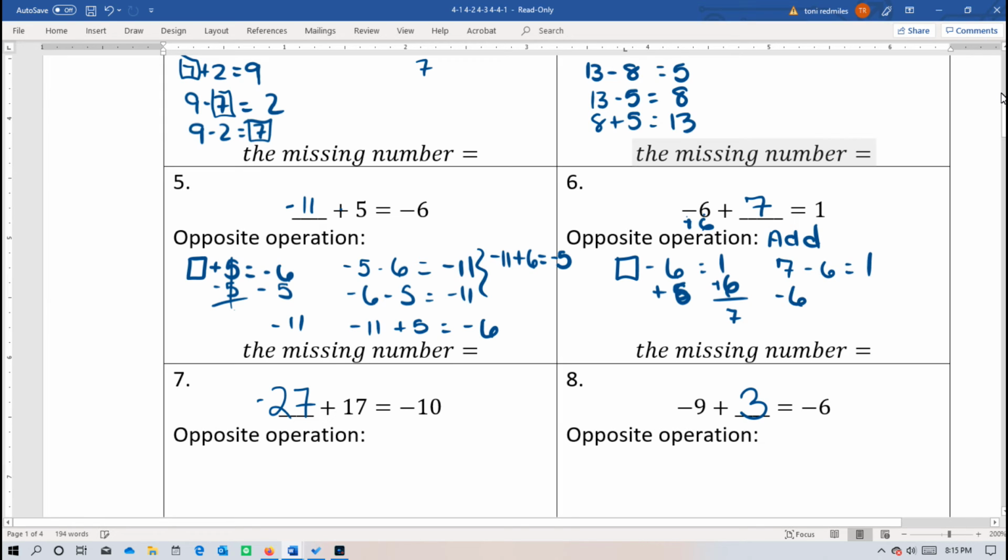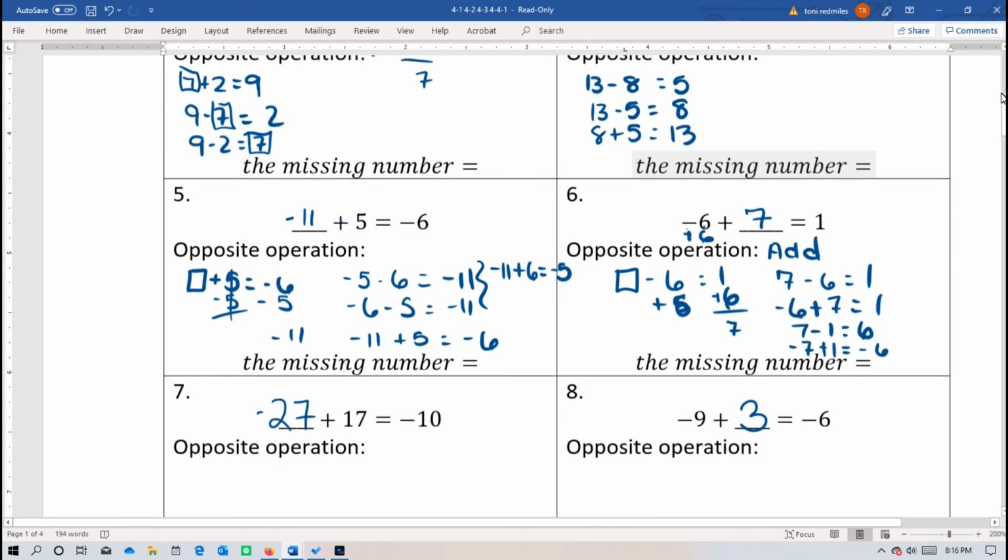If I have -6 plus 7, I have 1. I can rearrange this to be 7 minus 1 is 6. I could rearrange it again and go -7 plus 1 is -6. There's just a bunch of different ways, but I need that 7 to make them all possible.